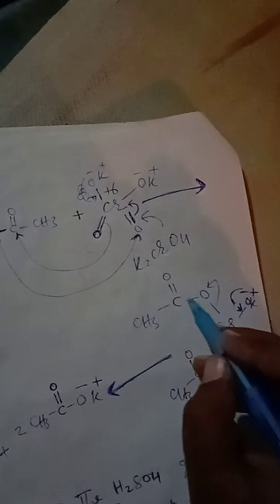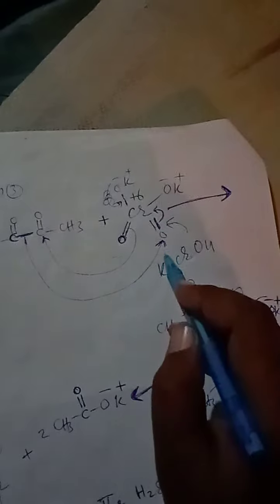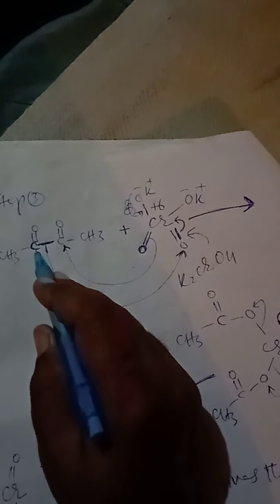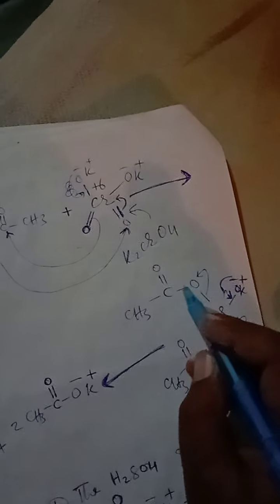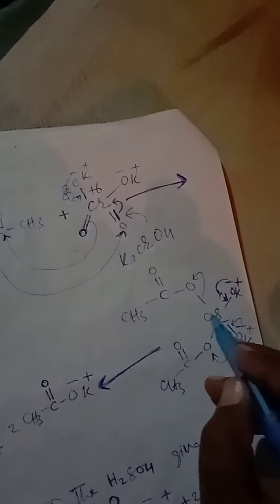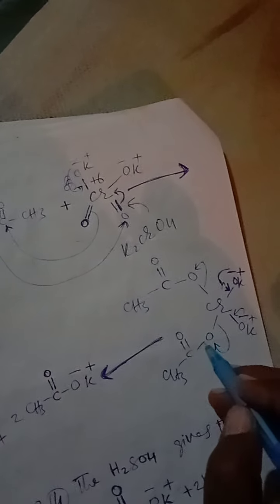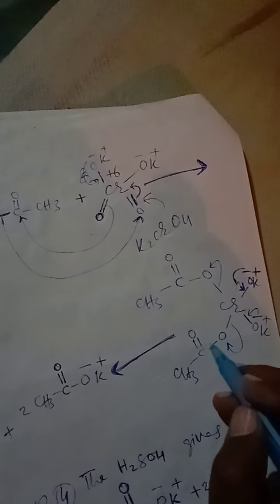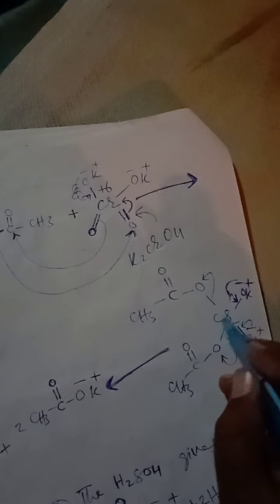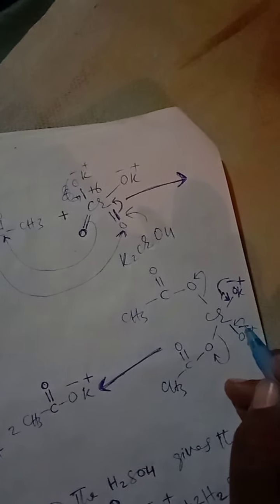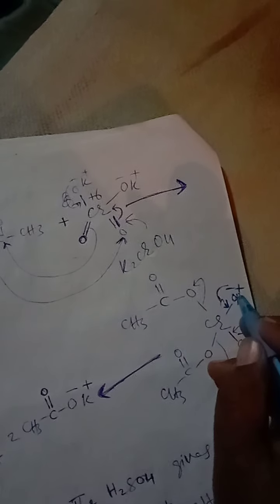bond becomes ruptured, CH3 C double bond O, this carbon attached to this oxygen, to Cr, O C double bond O CH3, and Cr O negative K positive, O negative K positive.